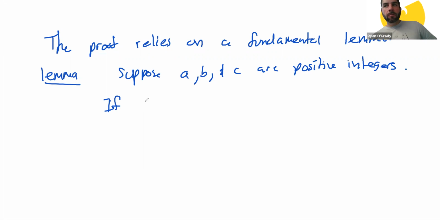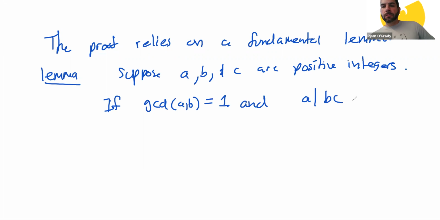If the GCD of A and B is equal to 1, so if they're relatively prime, and A divides BC, then we can conclude that A must divide C, because it can't divide B.